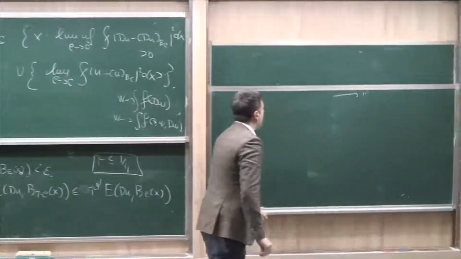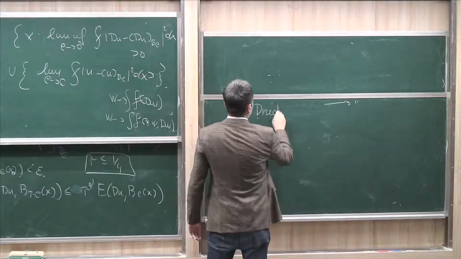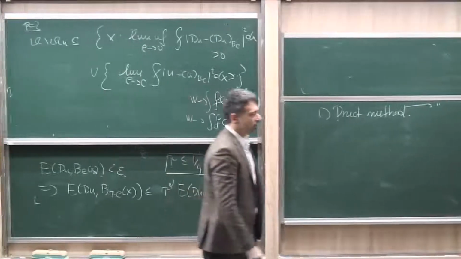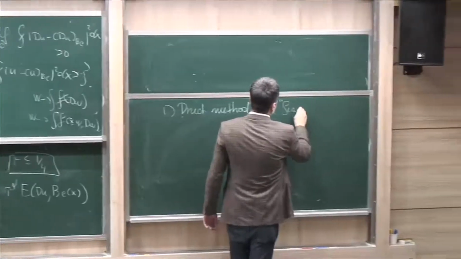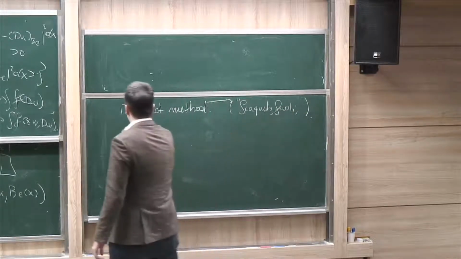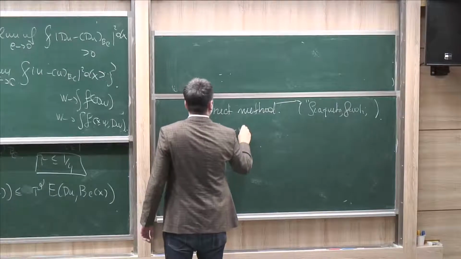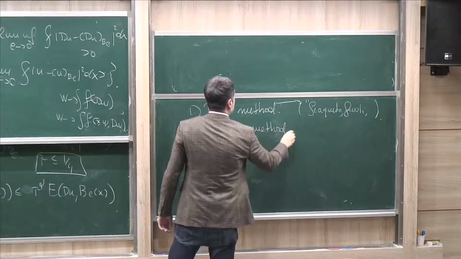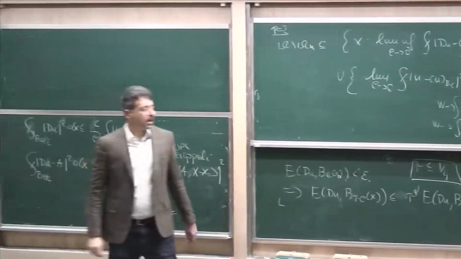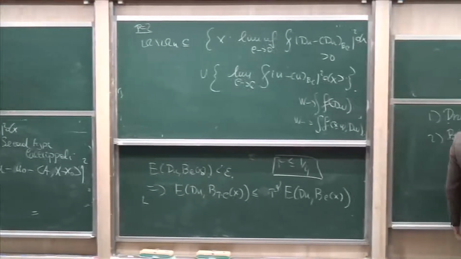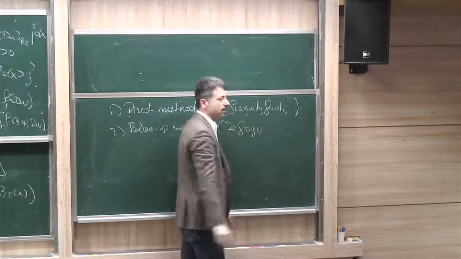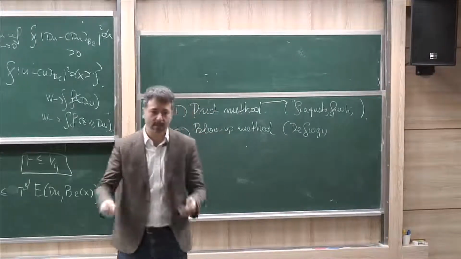Okay, so there are actually 3 methods. The direct method, actually implemented by Giaquinta, Giusti, and so on. Then the blow-up method, actually inspired by De Giorgi, as all these methods in fact are, and implemented also by several other people, by Giusti, Miranda, Evans, and so forth.